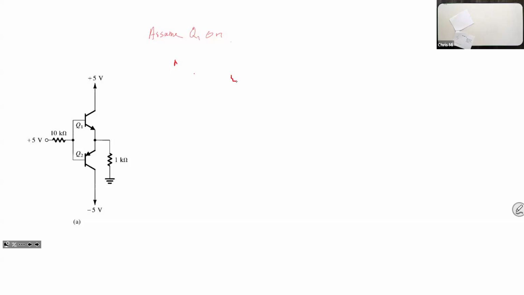Okay, so assume Q1 is on. We also assume beta is infinity and IB is 0. That's what we assume. And then for Q1, VBE1 is equal to 0.7, and VB1 is equal to 5 volts, right?